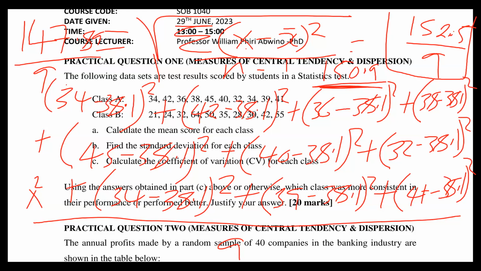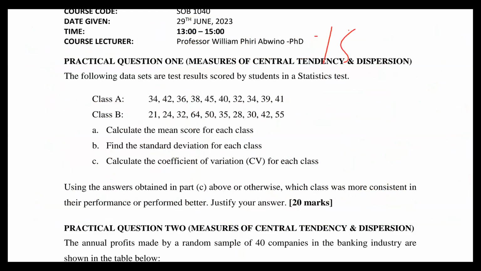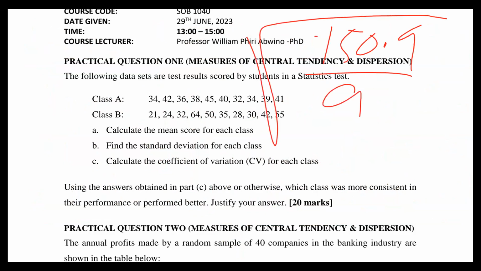Okay, the main thing is that we have gotten the idea. Let's get the idea in the meantime, this is how it is done. So you can say 150.9 divided by 9, and then you square root this. 150.9 divided by 9 is 16.7666, carrying up to 7.